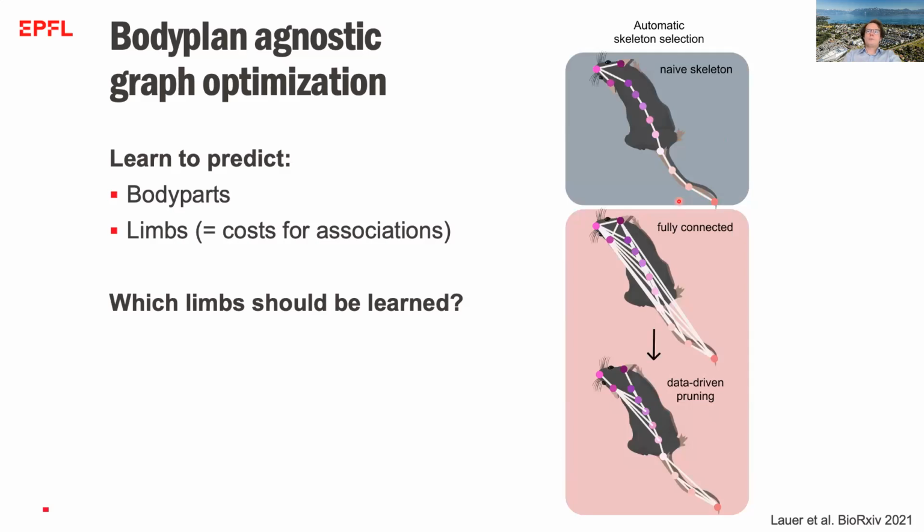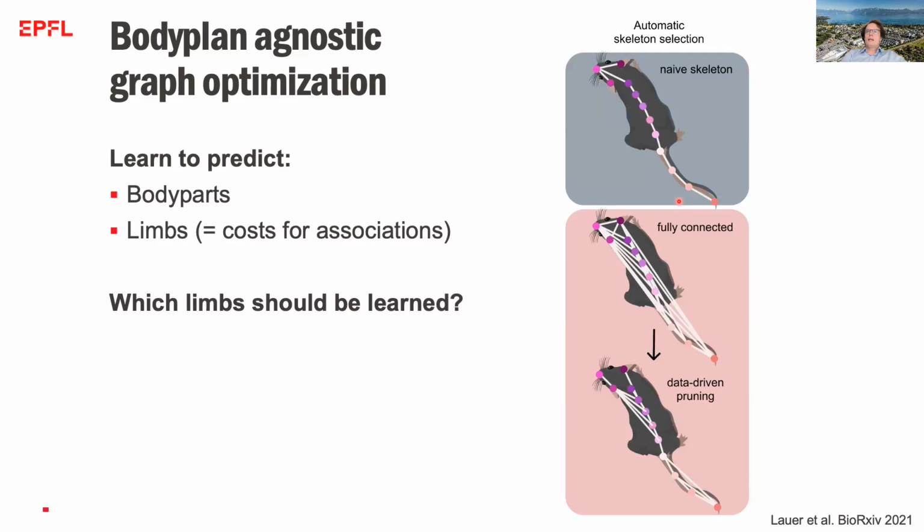And what we have done in order to simplify this process of figuring out what skeleton would be good for a user is we've actually come up with a body plan agnostic graph optimization method where the user doesn't even need to draw the skeleton. All the user needs to do is decide which key points they want to track, for example, based on their downstream application.